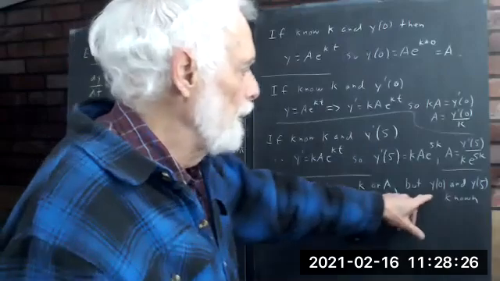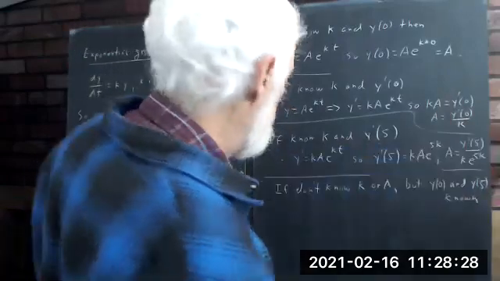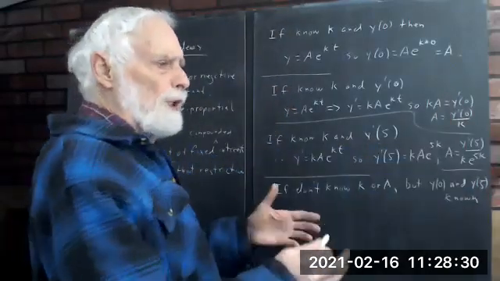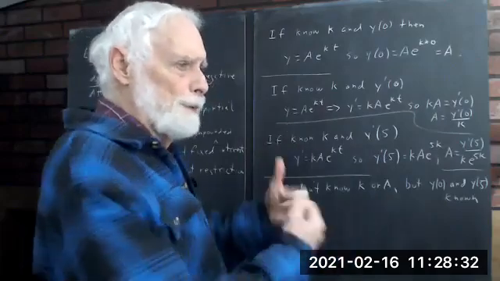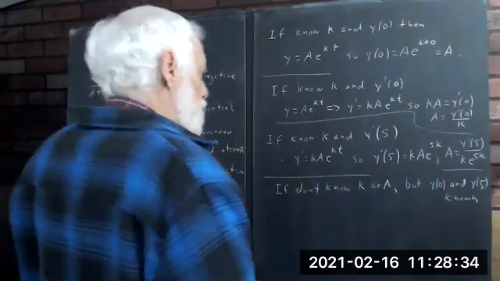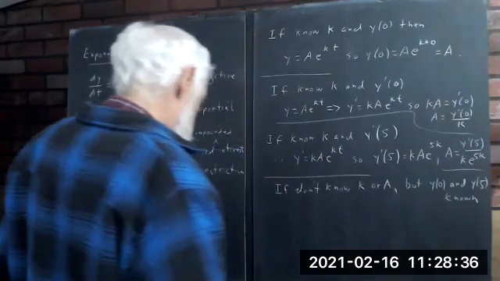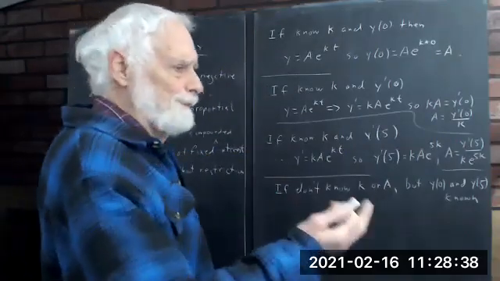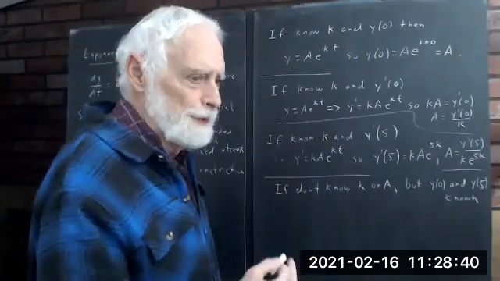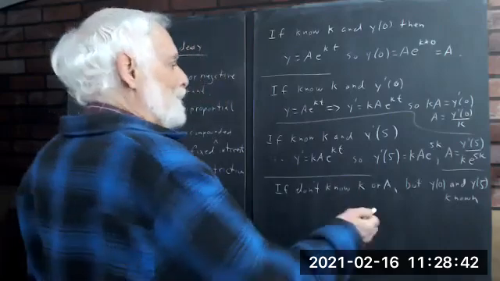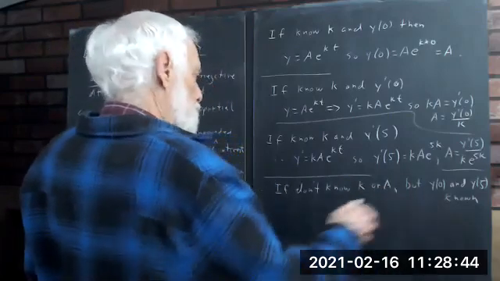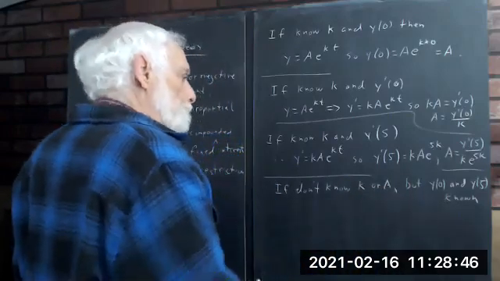Now, if you don't know k or a, but you know, say, y of 0 and y of 5, or y of 5 and y of 9, it wouldn't matter, except just a little more simple algebra gets us to the solution from what you're going to see here.